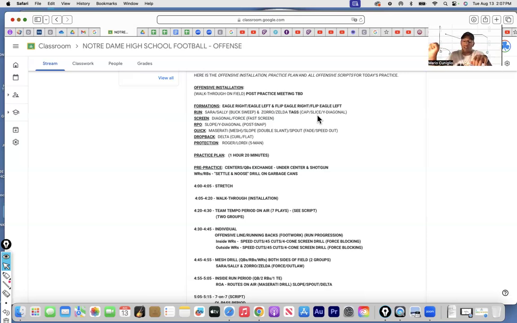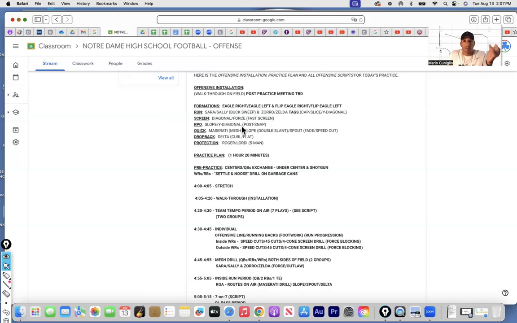Let's say he's on the right, and we're blocking Zelda. He's now going to run a diagonal from the back side, where he doesn't have to come across the formation. He's going to be on the same side, which is another one of our tags.